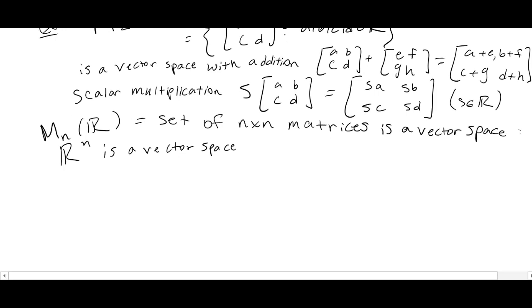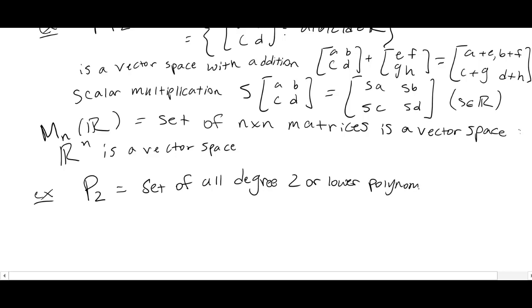Another example of a vector space would be, you could call it P2. It's a set of all degree 2 or lower polynomials. So that's the set of polynomials that look like this: ax squared plus bx plus c, where a, b, and c are real numbers.